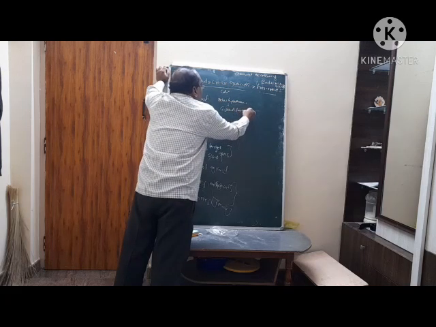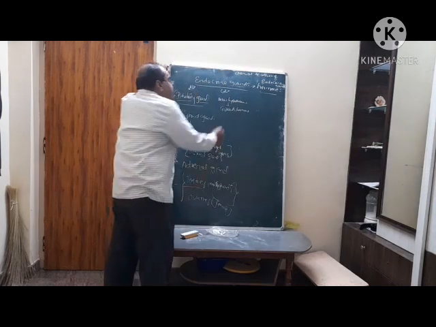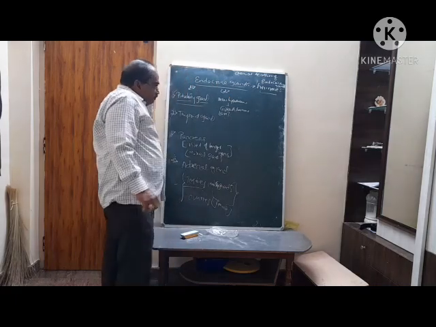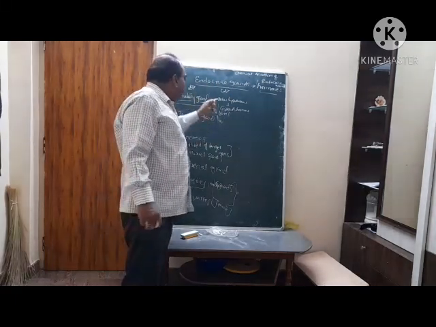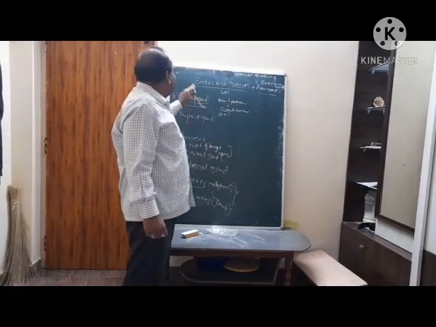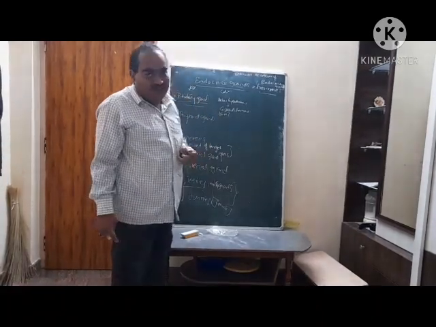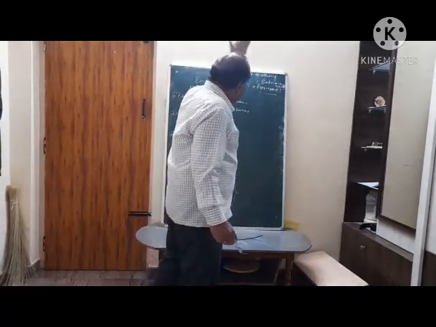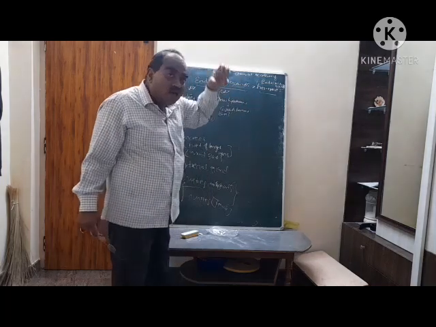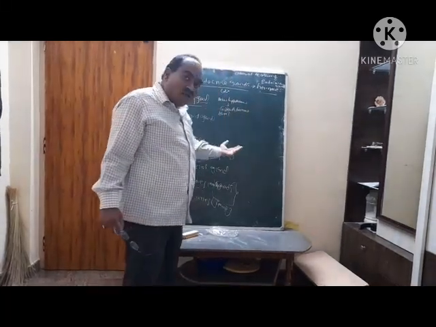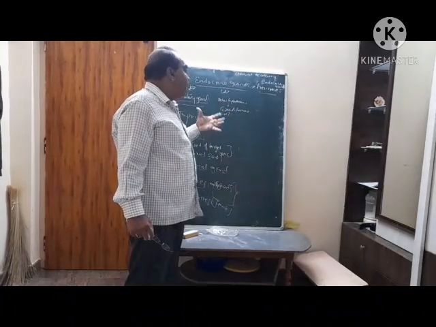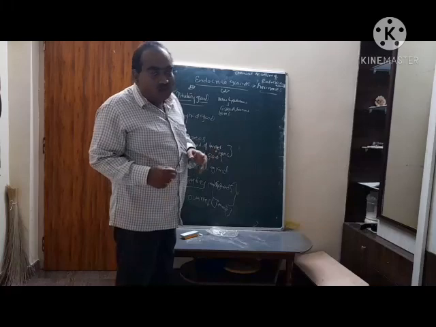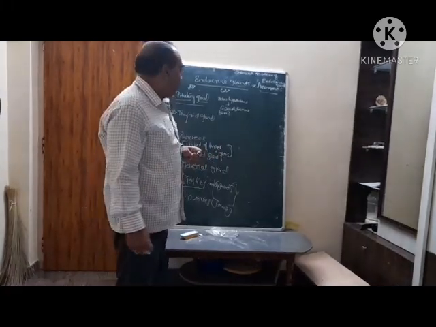Growth hormone, GH. Please remember, the growth hormone is a hormone secreted by the pituitary gland. What are hormones? The chemical secretions of the endocrine glands are called hormones. Hormones are basically proteins, just like enzymes.